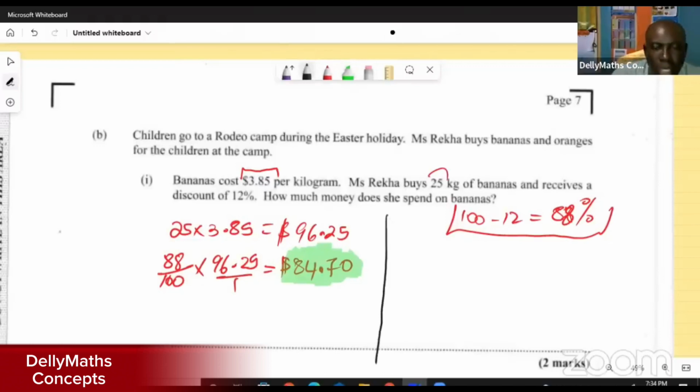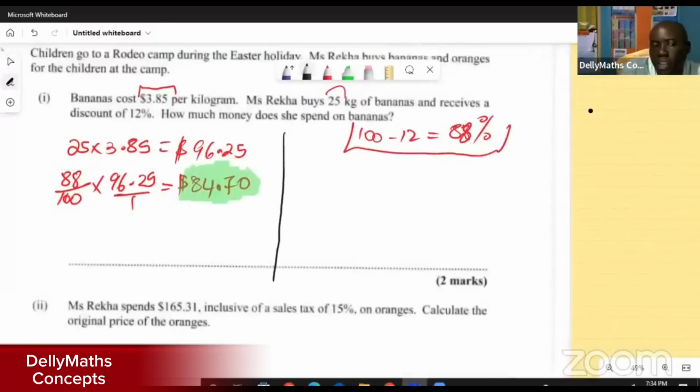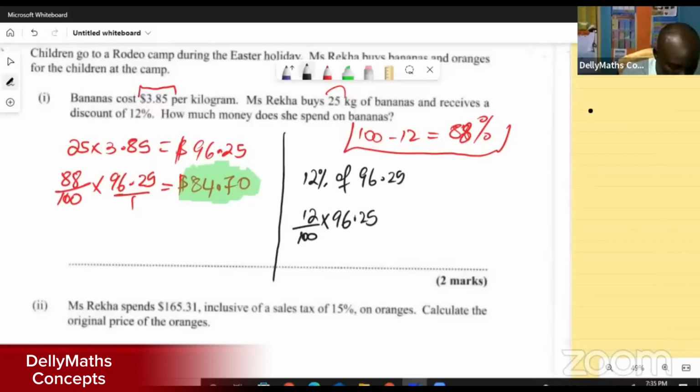Another approach to work out this same problem is you could find the 12% and subtract it from your $96.25. So let's find 12% of the 96.25. So this is 12 over 100 times 96.25. All right. So 12 over 100 is 0.12.